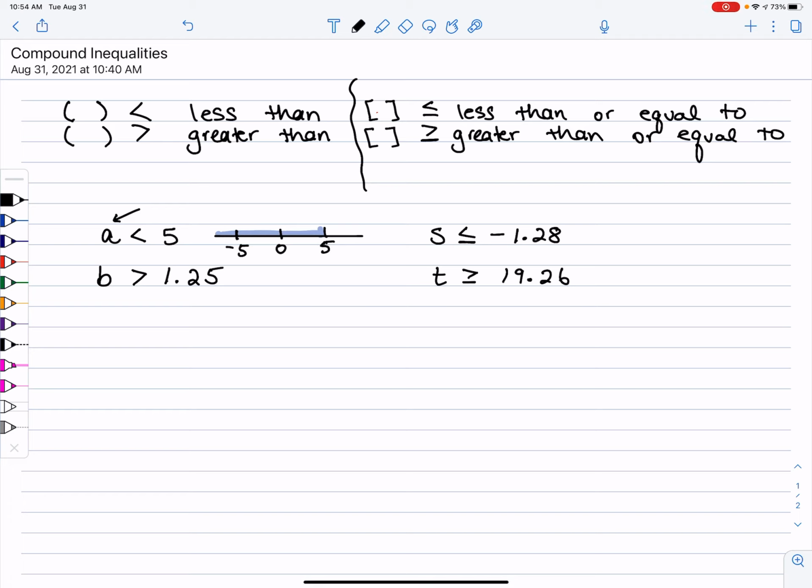Because our first example, A is less than 5, has a less than inequality, we're going to use a parenthesis. We call that the right parenthesis for this particular example. We're also going to label the number line as an A scale.